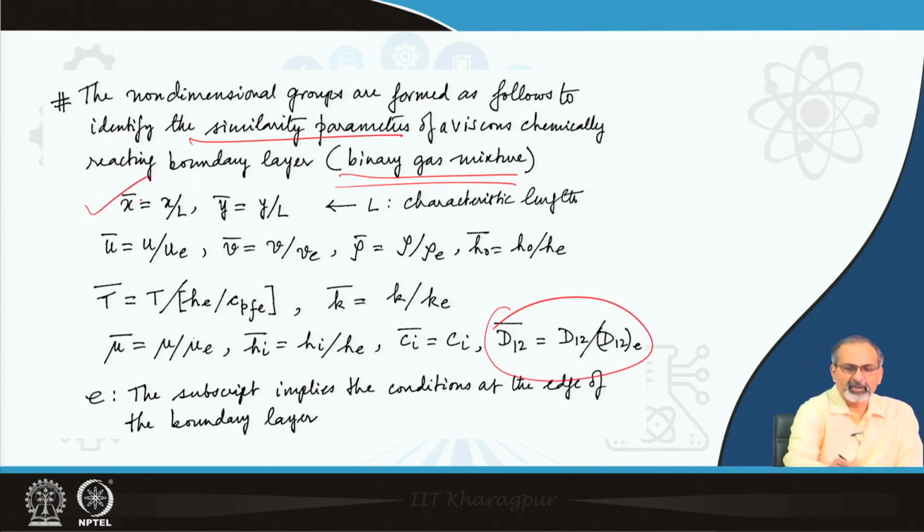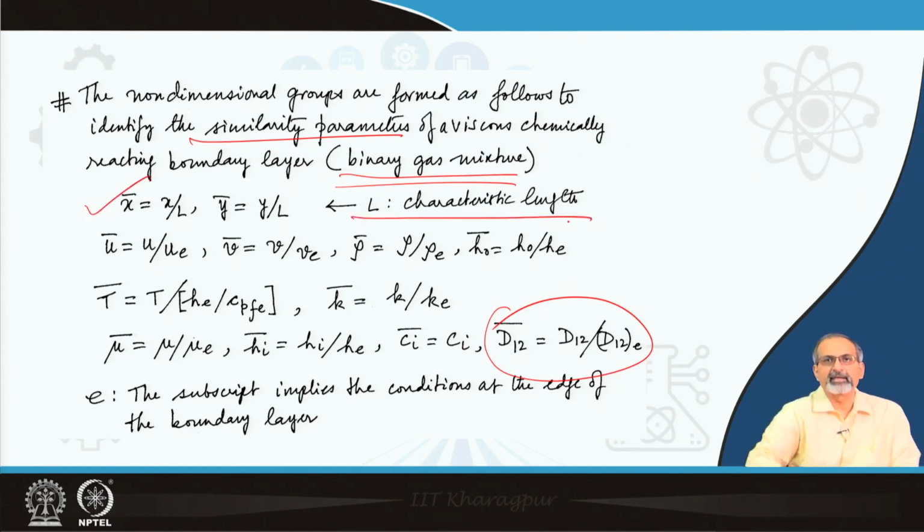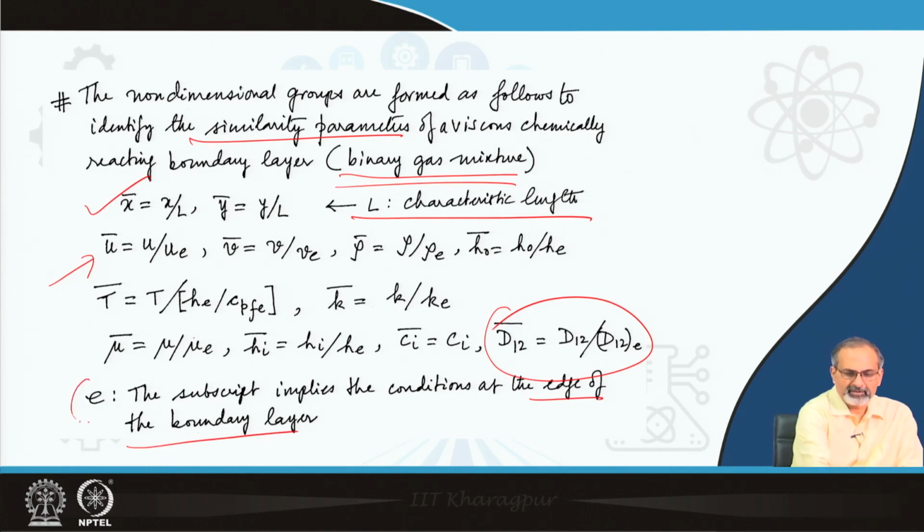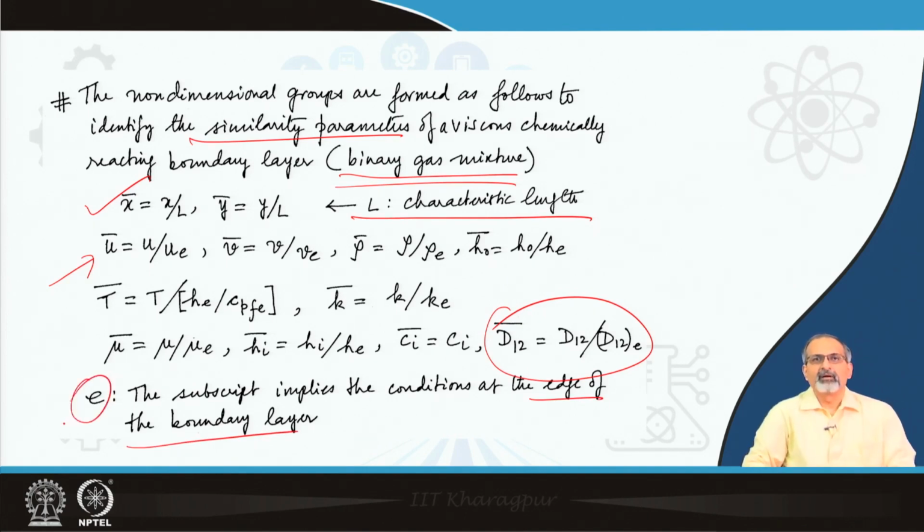So, we have non-dimensionalization of the length scales taking a certain characteristic length of the body, and non-dimensionalization of other flow and thermodynamic parameters considering the conditions at the edge of the boundary layer, where the subscript E has been used to define the conditions at the edge of the boundary layer.